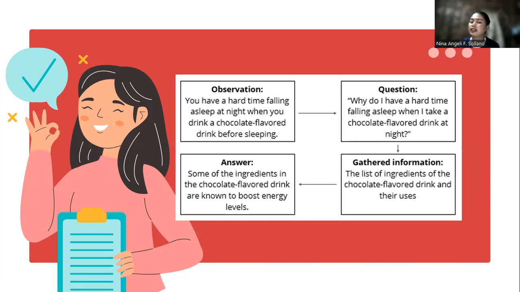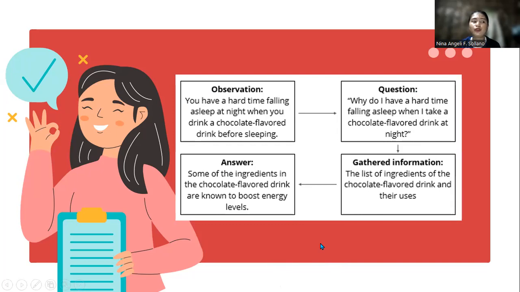You drink it before sleeping, but you have observed that after drinking it, you are having a hard time falling asleep. So you ask a question: why do I have a hard time falling asleep after I take that Milo or Ovaltine or Shaki?